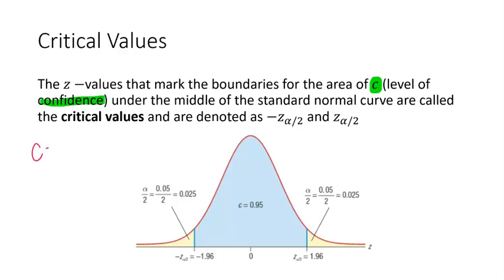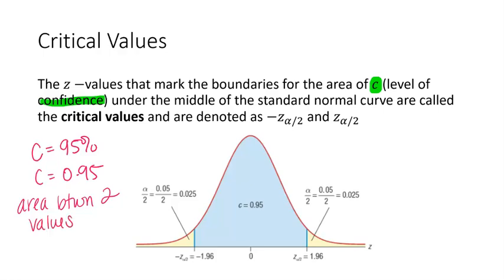To say that I have a confidence level of 95% or 0.95, what I'm really doing is setting an area between two values to be 0.95. And just like we did in the last lesson, that means I can have the probability of two z-scores, z1, z2, right?